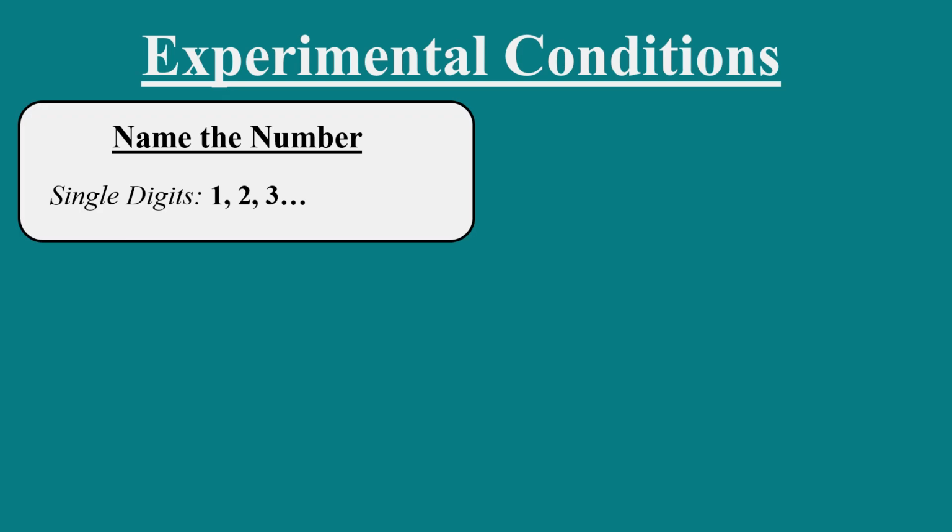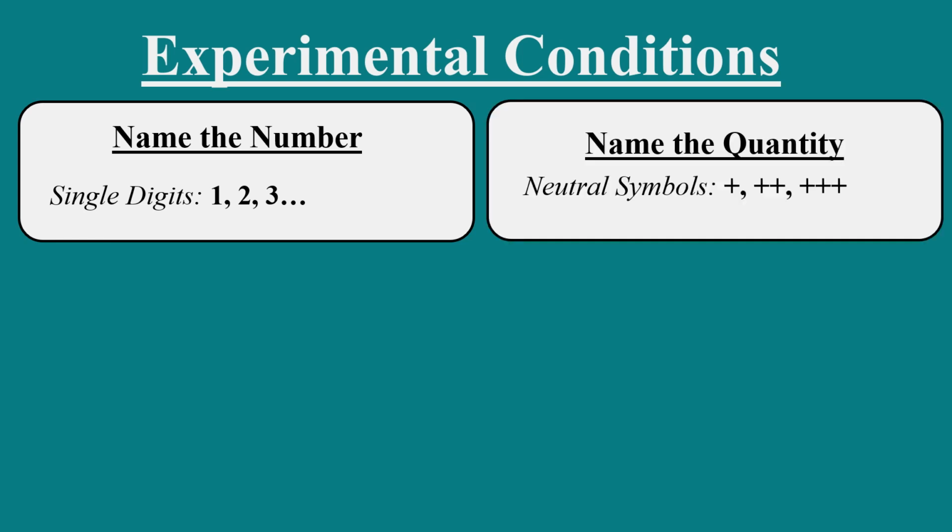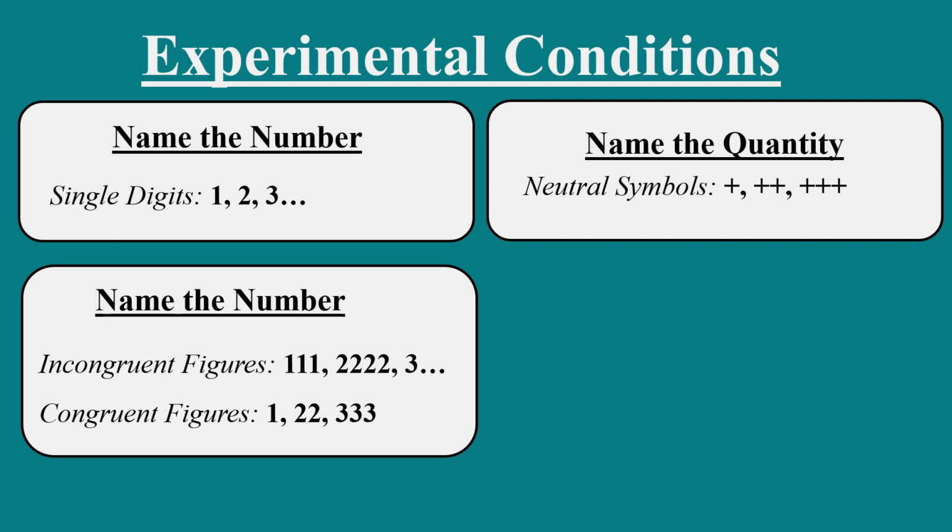All right, so they had four experimental conditions. The first one was to name the numbers, single-digit numbers, 1, 2, 3. Super easy. Then they needed to name the quantity, so count the plus signs and report how many plus signs there are. Third condition, they name the number, in an incongruent and a congruent group.